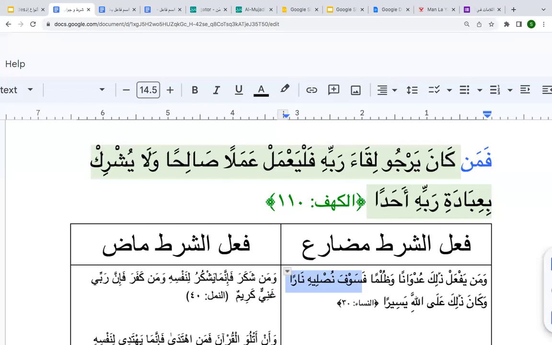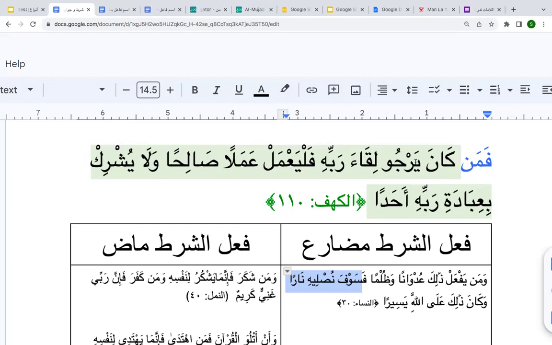Okay. Now kana has yarju. What's the status of yarju considering kana before it? If it is kana yarju, it is nasbin status. Why? Do it at the basic level first. Okay.